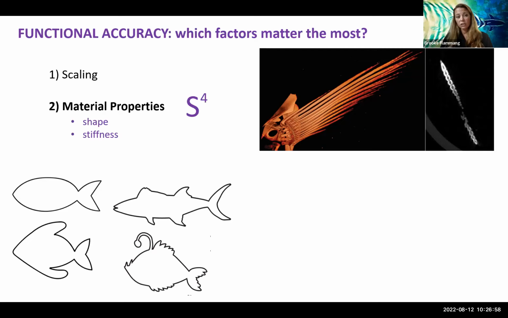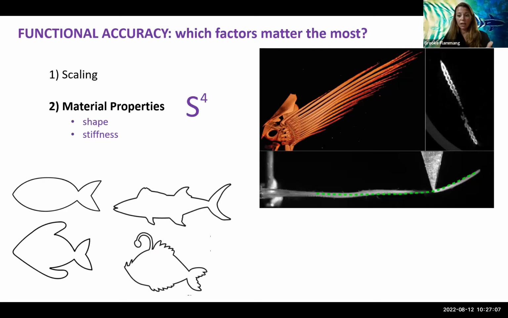If I were to cross-section through it, I can also get things like cross-sectional area and second moment of inertia measurements in order to come up with some calculated stiffness that I can then try to replicate in my robotic model. You can also do material testing on biological tissue in order to determine what sort of material properties you're dealing with.